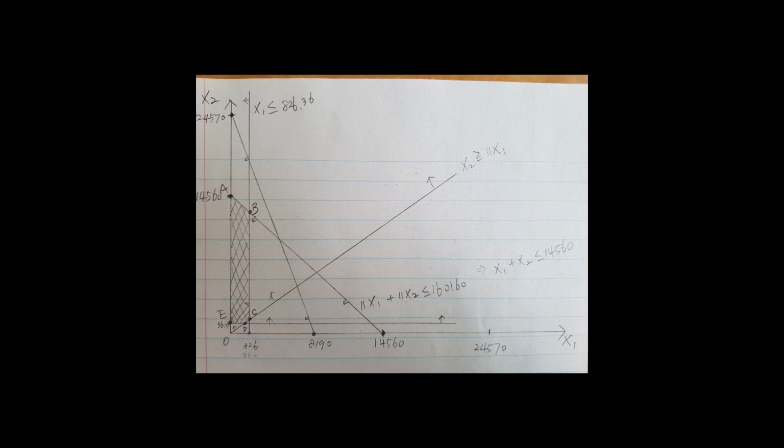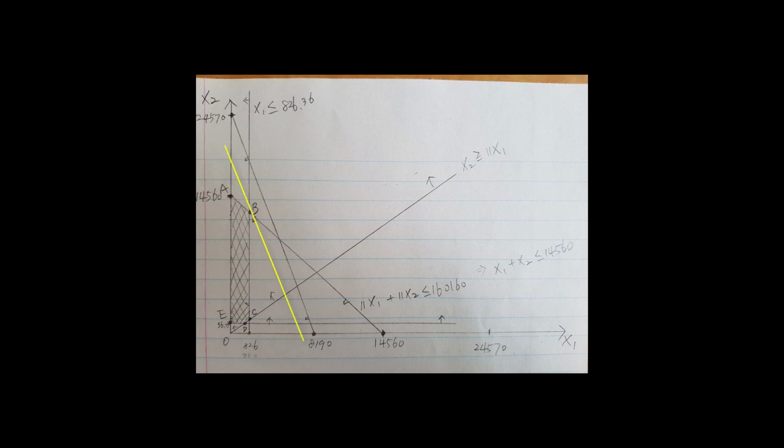Given that, we go back to the graph, and among A, B, C, D, E, we want to choose the highest x1 value, which is here 82.6, and also the highest x2 value, that's 145.60, but at coordinate A, x1 is 0, so that's not a good solution, but B will be a better solution.